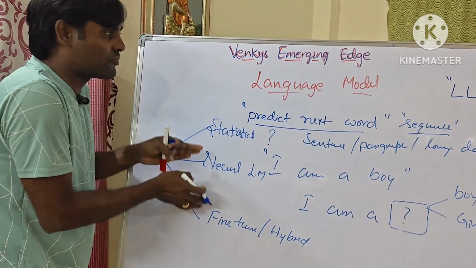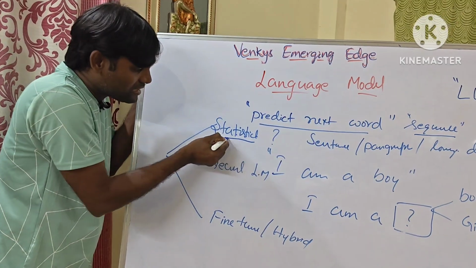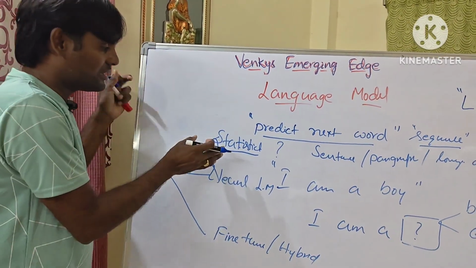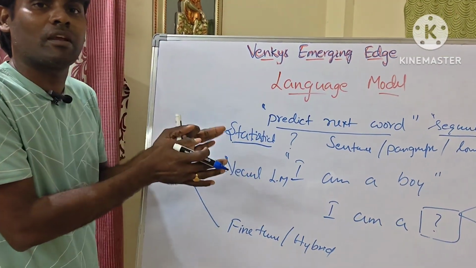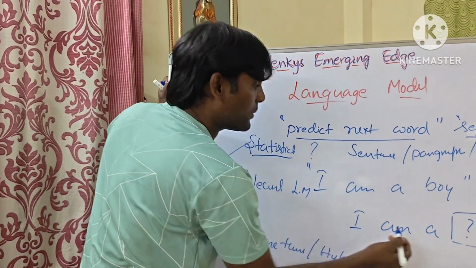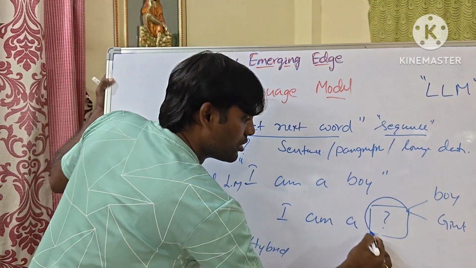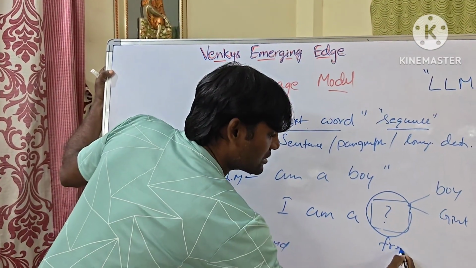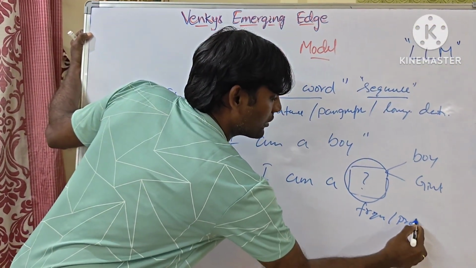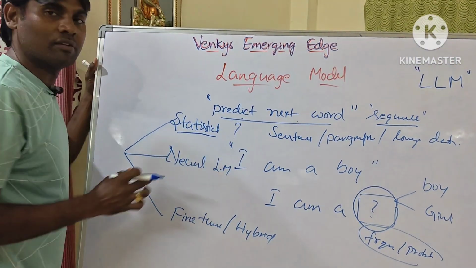These are three different types of language models. So what is the meaning of statistical language model? Here the language model mainly depends upon the frequency and probability of the data. That means what is a language model? To predict the next word, based on frequency or probability. So this is called a statistical model.